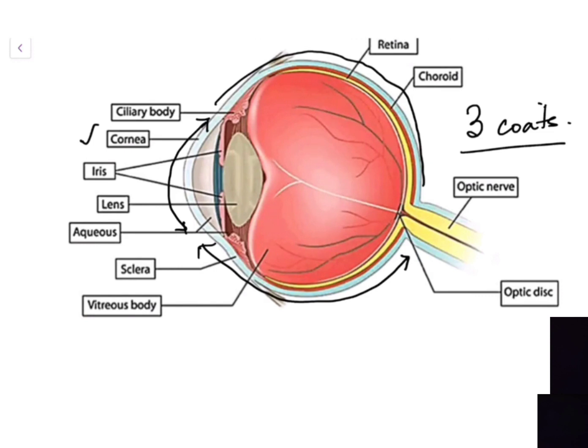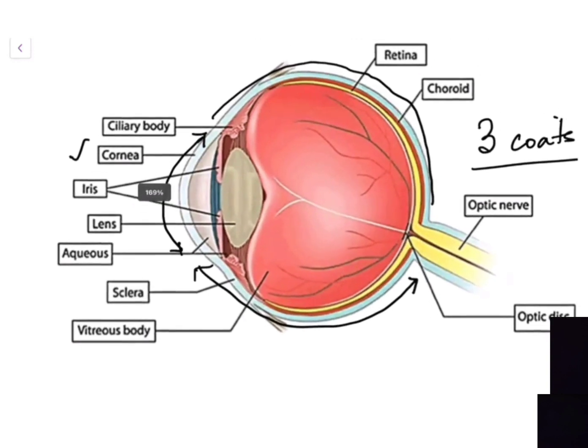Now how about the middle vascular coat? If you look at it from anterior to posterior, number 1 is the iris. This brown structure that we can see in the eye through the transparent cornea is our iris. If we trace this iris backwards, it becomes continuous with the ciliary body.